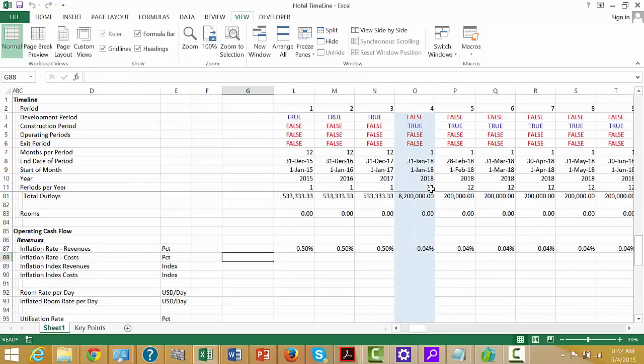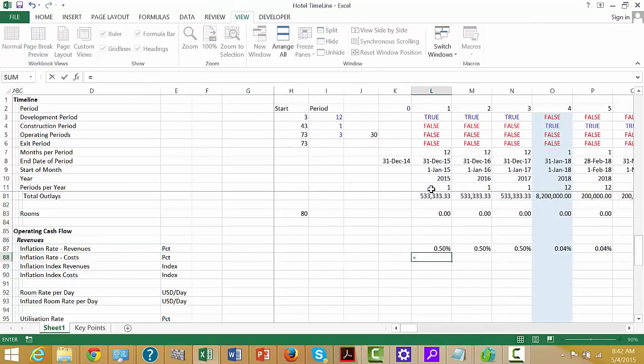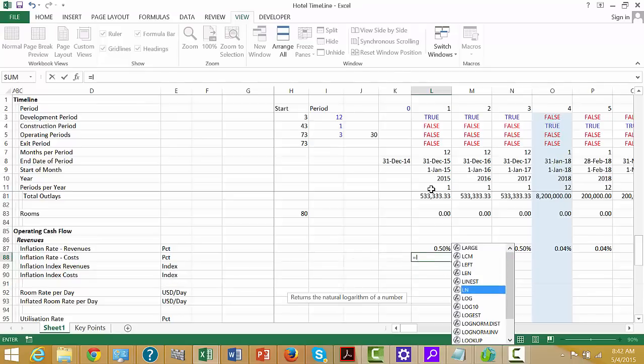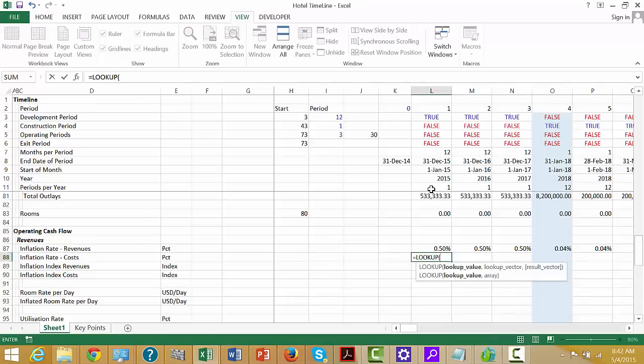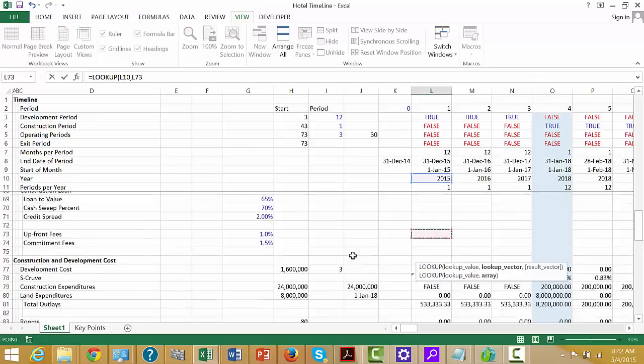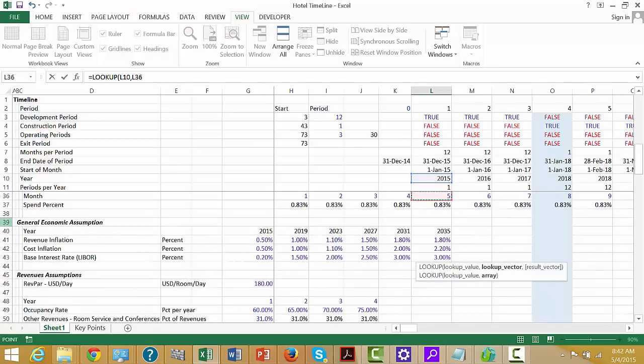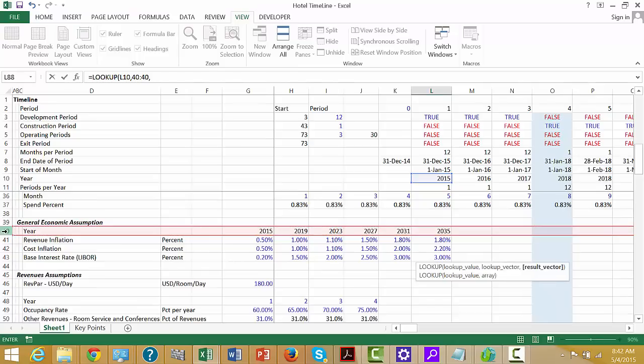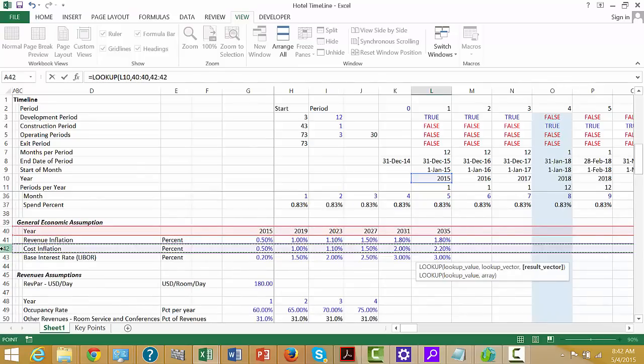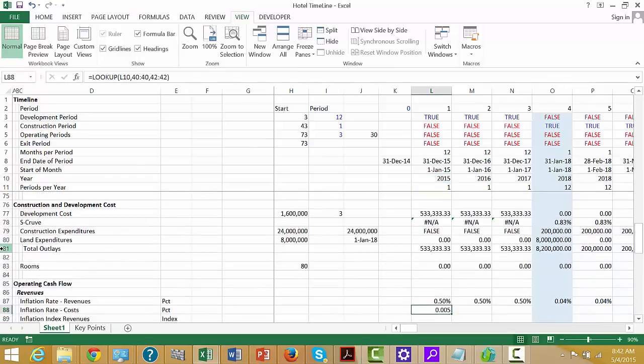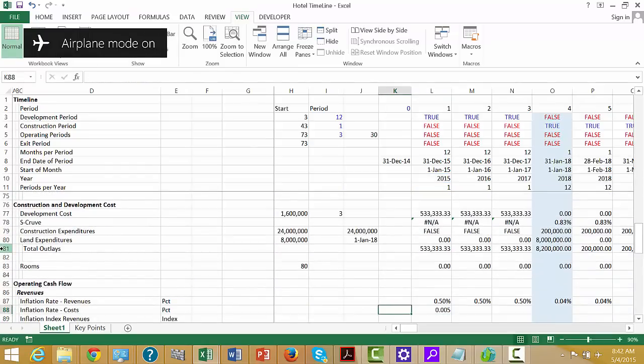Let's do the whole thing again to practice. Equal lookup. Okay, and we can go up and look up this year against the first this year, and then this time the cost inflation.